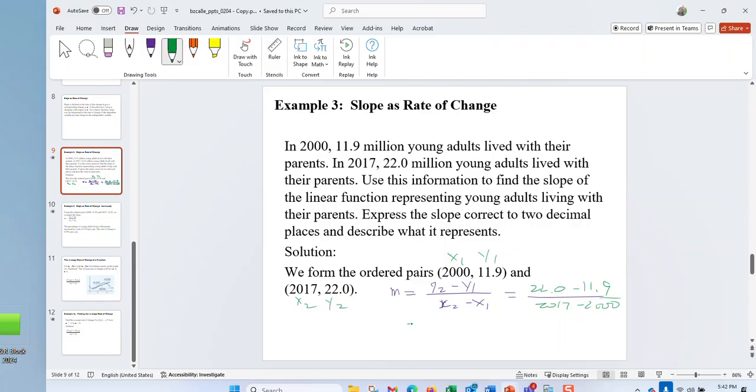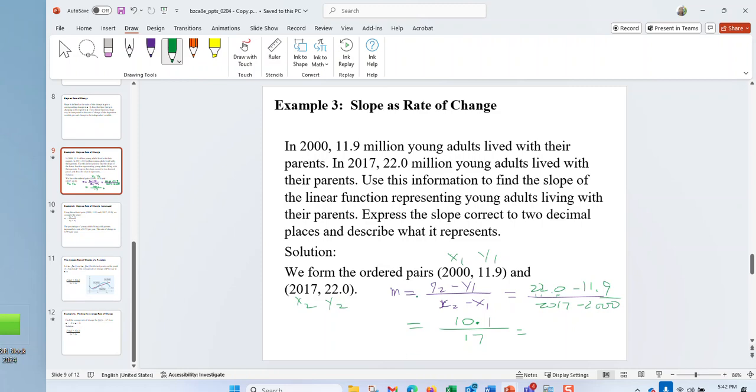That will be 17 down here, and the top is 10.1.